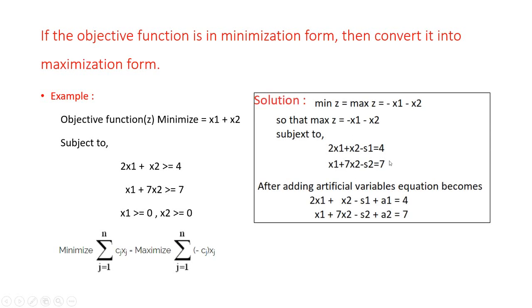In this equation the surplus variable has a negative sign, but we require the equation to form an identity matrix, with 1 for a1 and 1 for a2, not minus 1. The surplus variables have a negative sign, but we require the variables to have a positive sign. So I add the artificial variables plus a1 and plus a2.